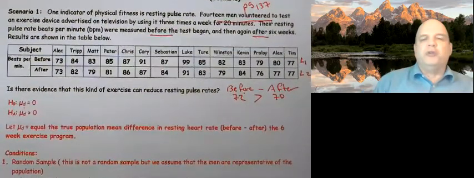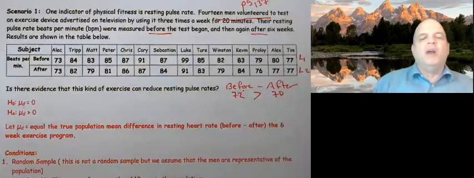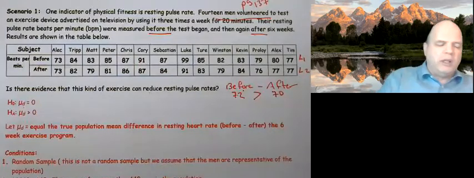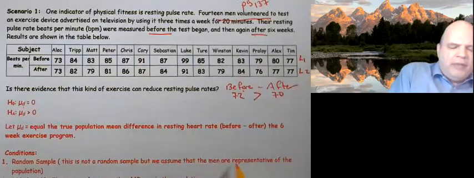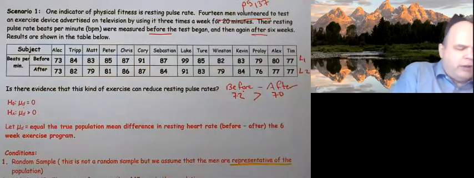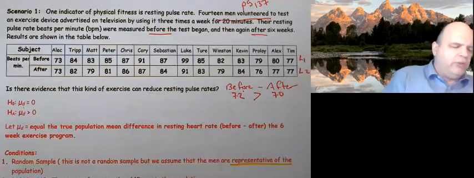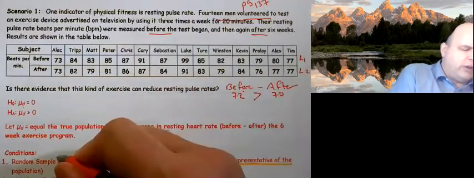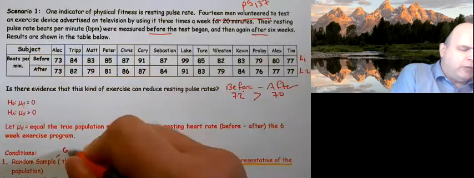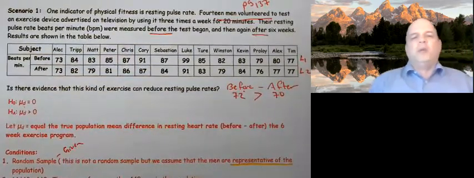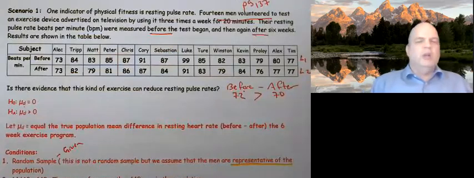Don't know that that's really true in this case because they are my students, but nonetheless, we have to make the assumption that they're representative of the population, or we really can't proceed. This is very rare that you'll ever have to make a comment like this. It's almost always going to be a given, but this one was not. We couldn't just say given because they're volunteers. We have to say that they're representative of the population.